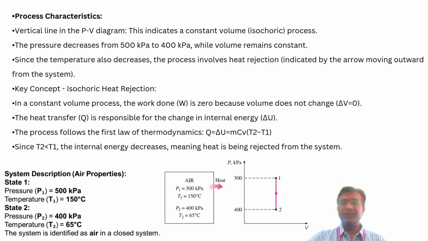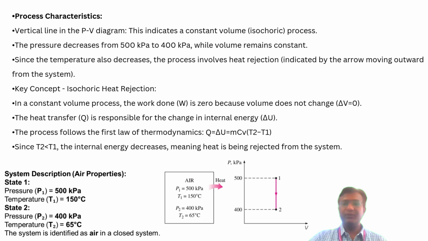Now, using the first law of thermodynamics, we can determine the net heat transfer. The net heat transfer can be obtained by calculating the net internal energy change of the system. Here we can use the formula: mass of the air in the system multiplied by specific heat at constant volume, multiplied by the change in temperature.